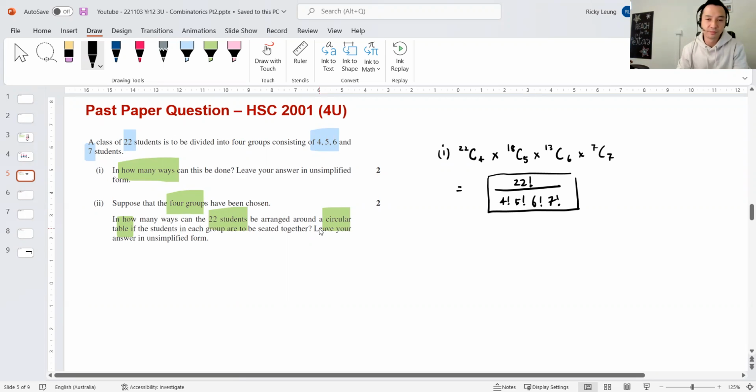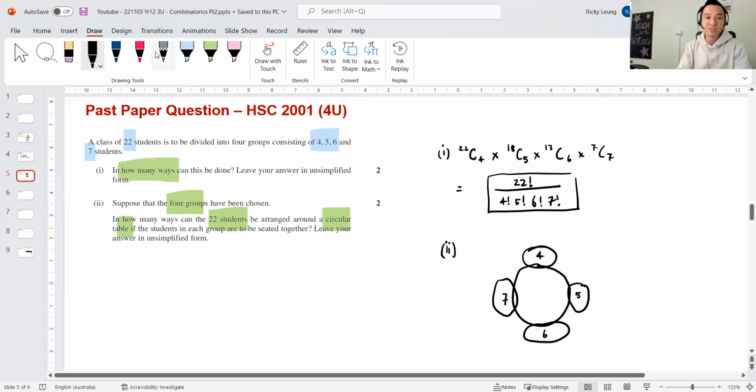Easy. Now, the next one is quite cool. So for the 4 groups chosen, they're arranged into a circular table. For the circular table, we have the first group, second group, third, and fourth. In the first one there's 4 people, then 5 people, 6, 7.